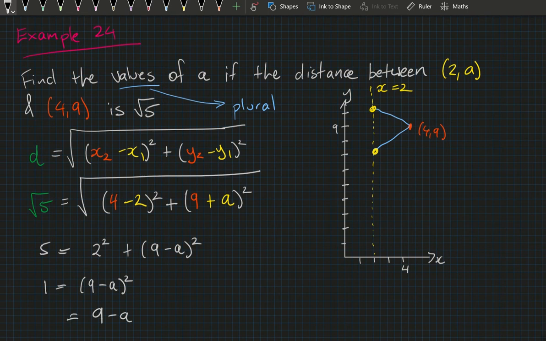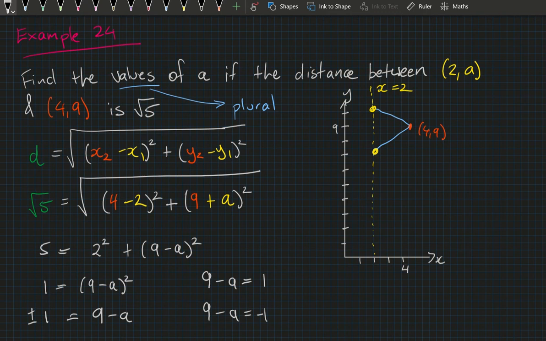But on the other side, if I take the square root of 1, don't make the mistake of thinking that is just 1, because yes, 1 squared is equal to 1, but also minus 1 squared is equal to 1. So we do this fancy thing where we say plus or minus 1. So the square root of 1 is 1 and minus 1, which really means that 9 minus a is equal to positive 1 and 9 minus a is equal to negative 1.